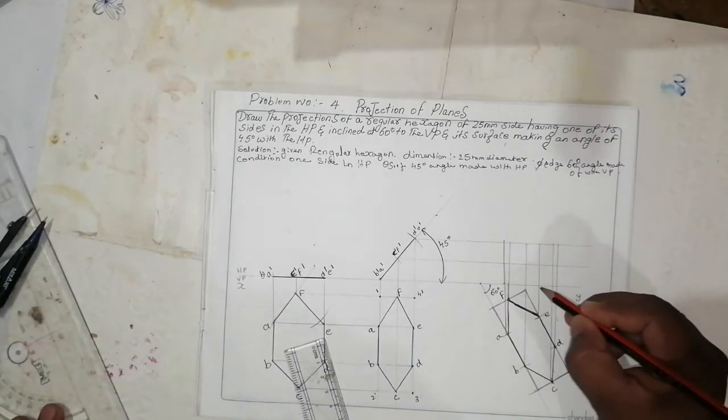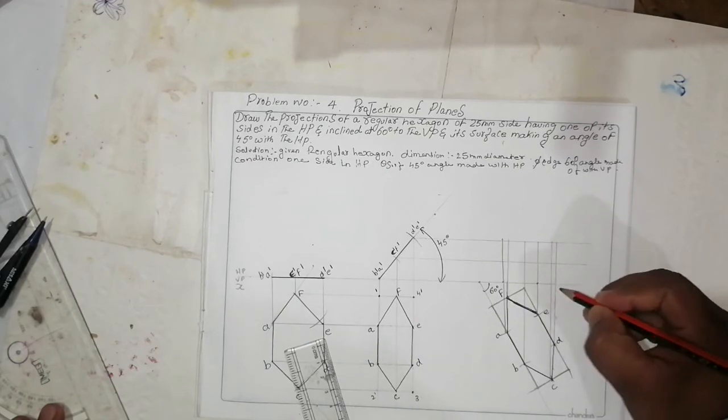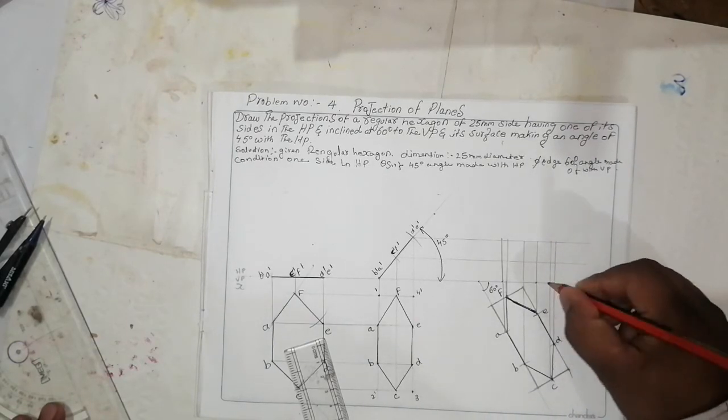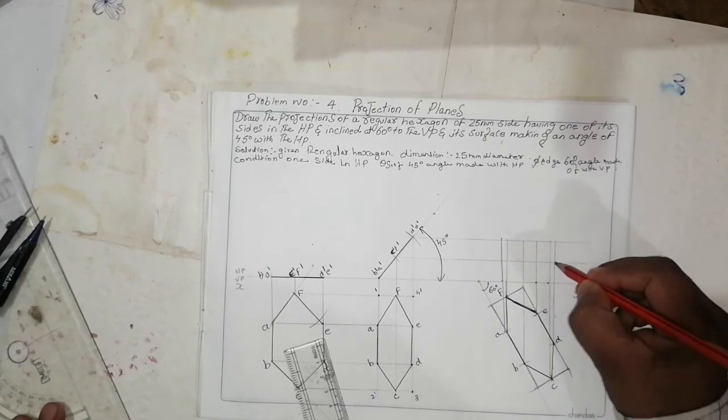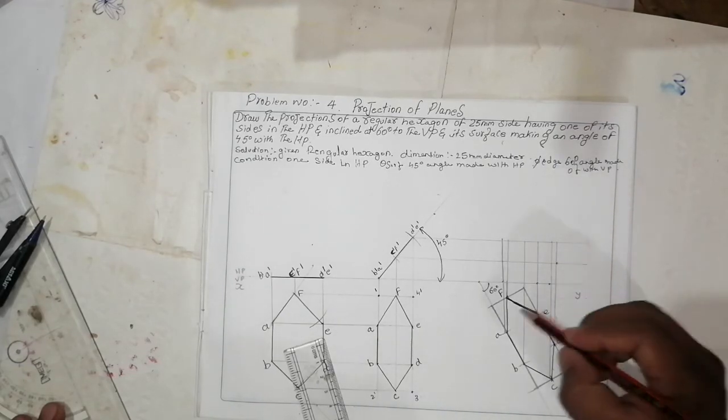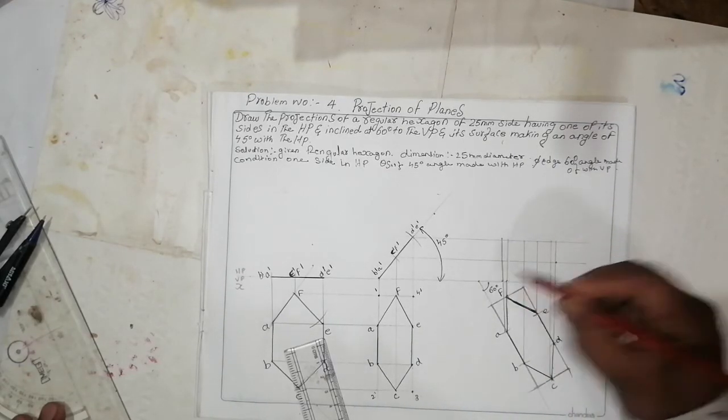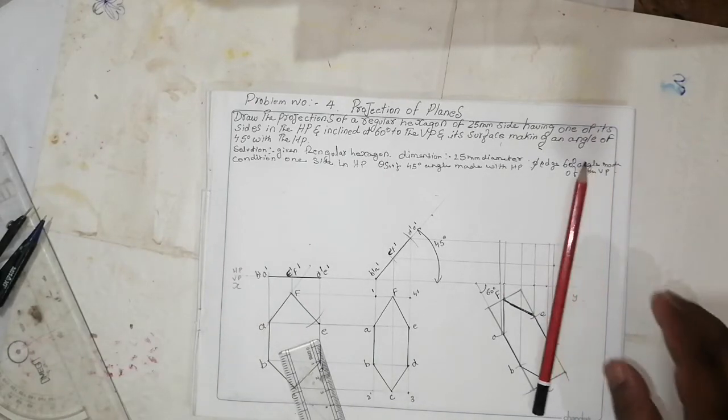So this is the E point, this is the C point, this is the D point, this is the F point. Keep on going like this.